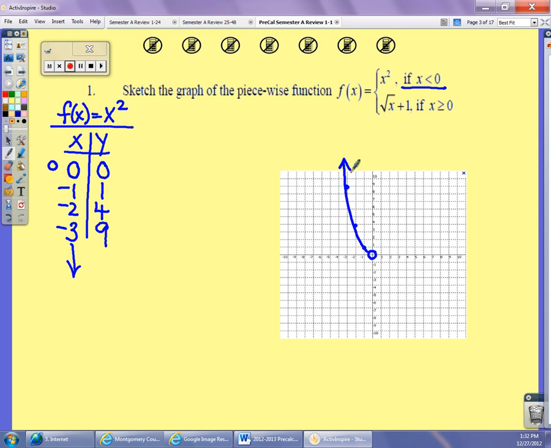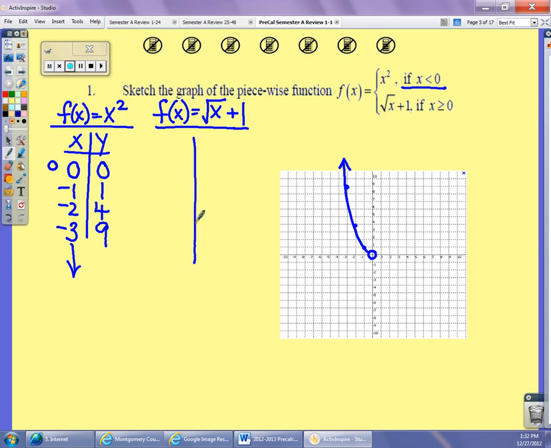In this case, it says the square root of x plus 1 when x is greater than or equal to 0. We're going to start our second data table here. This is the part where f of x is equal to the square root of x plus 1.